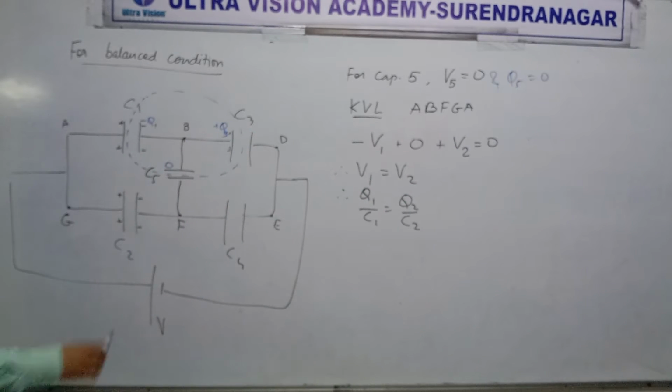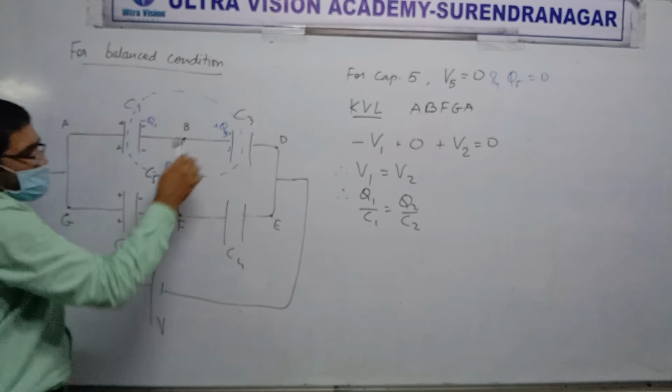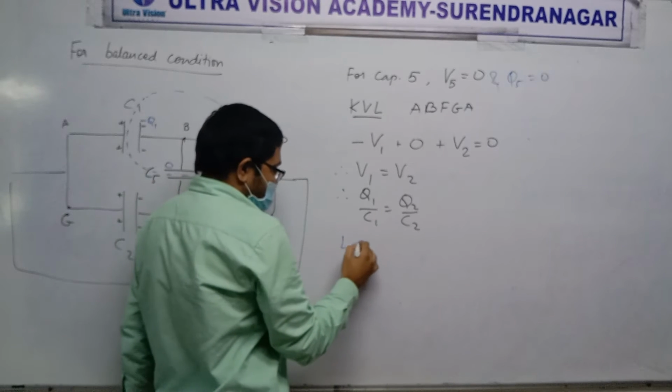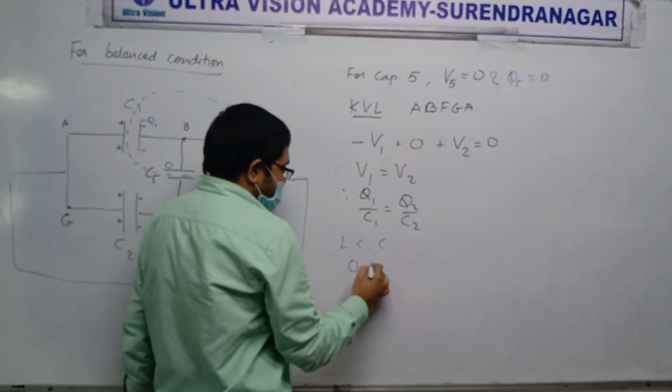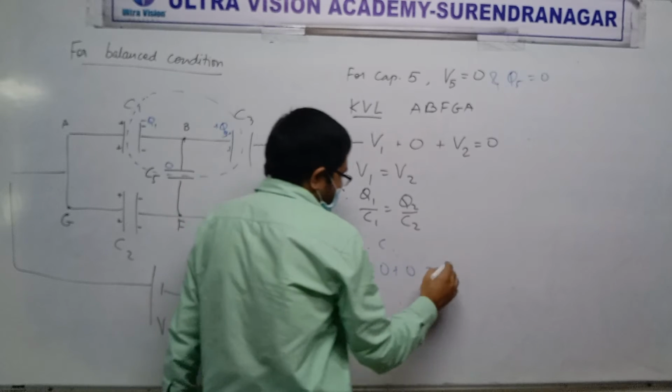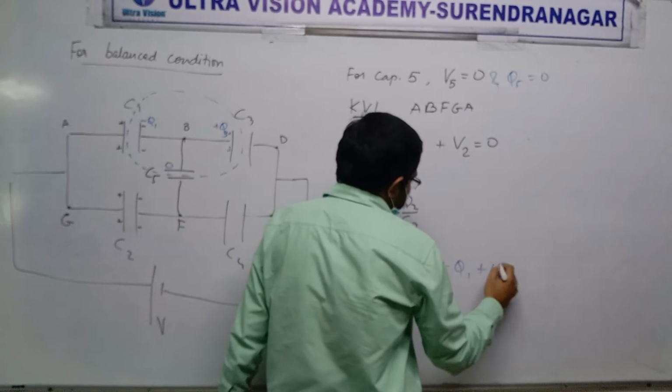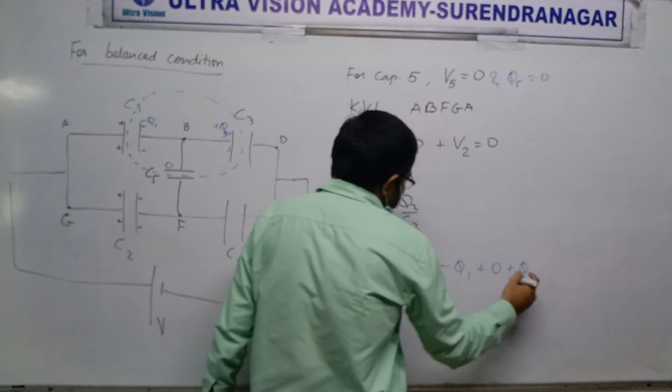So if this is minus Q1, that is Q3. By the law of conservation of charge for this system, initially all charges were 0. After connecting the battery also, the total charge should be 0. Did you understand this?